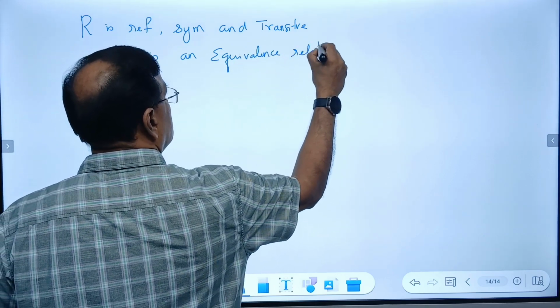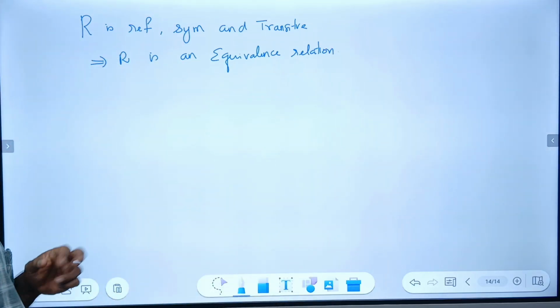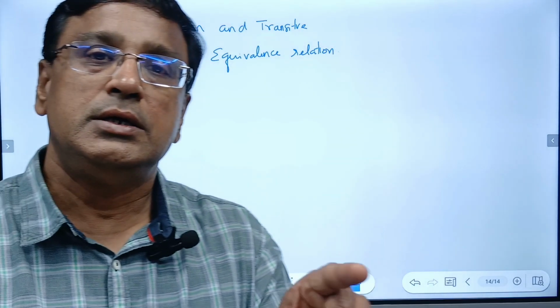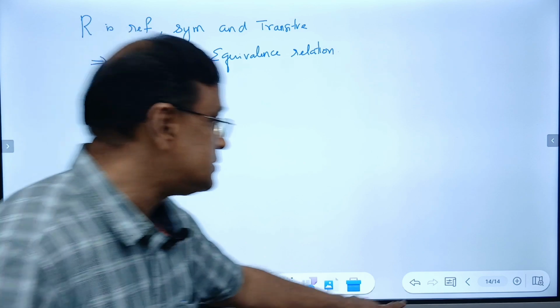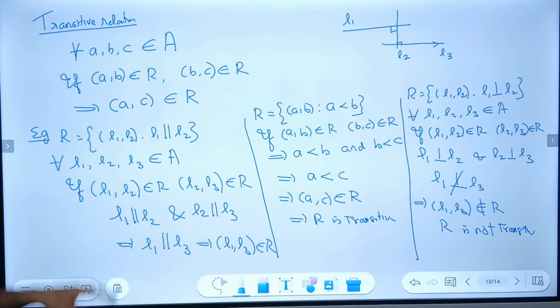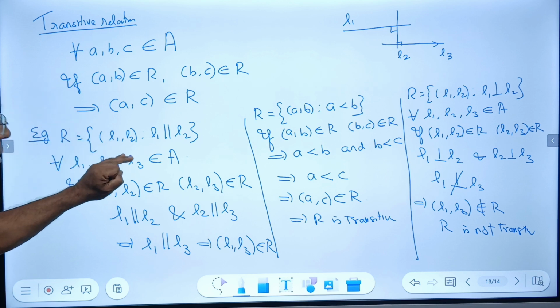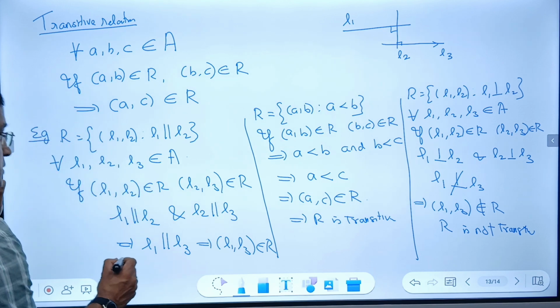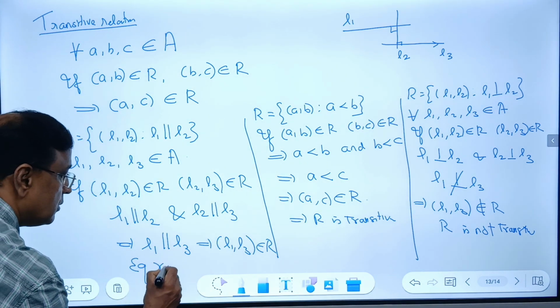What type of relation? R is an equivalence relation. If the relation is reflexive, symmetric and transitive, all three are satisfied. Now look at this. This is an example of a relation which is reflexive, symmetric and transitive. Therefore, this is an equivalence relation.